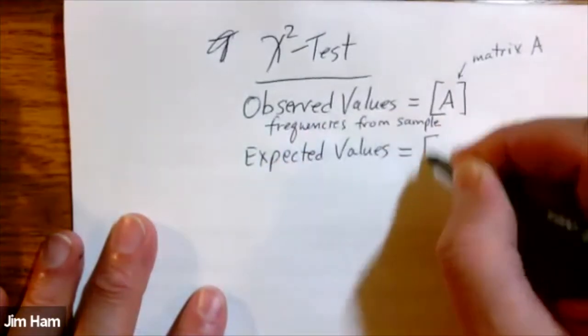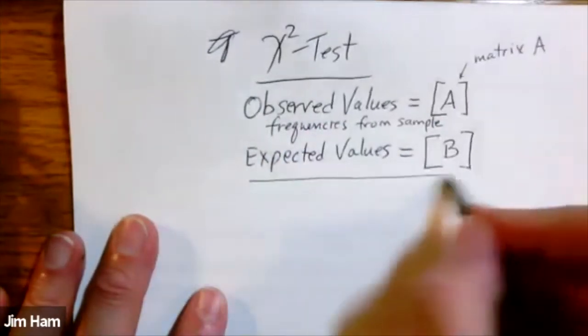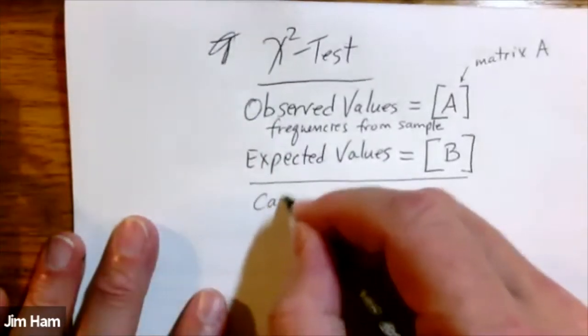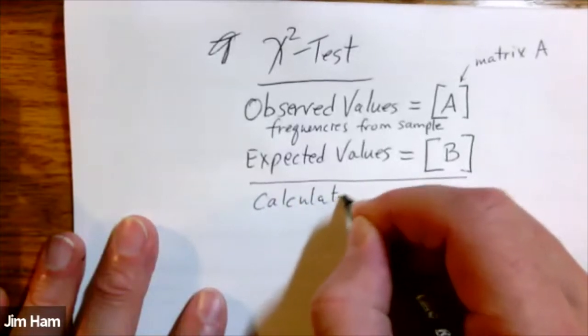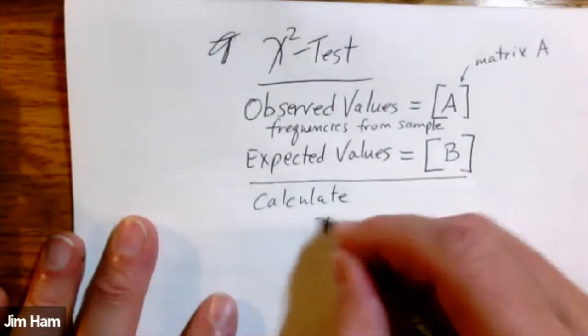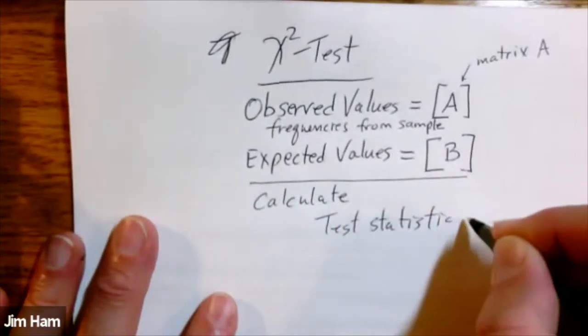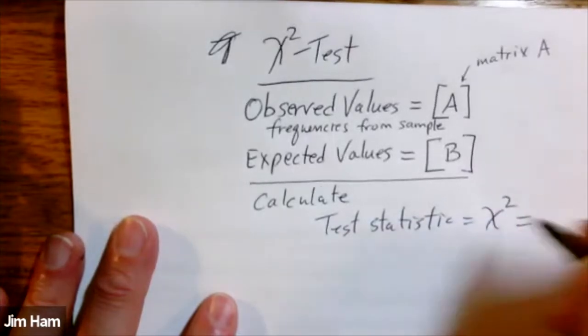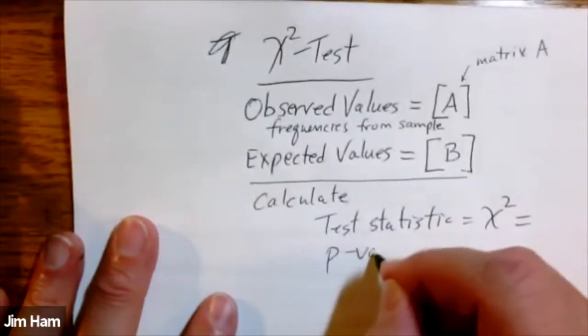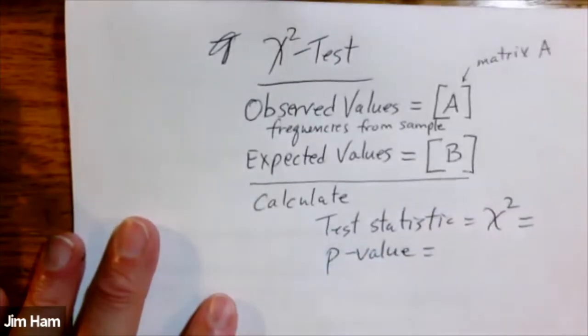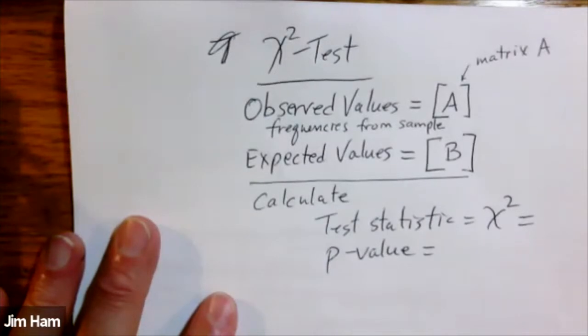And we're going to put those in matrix B. And that's it. Then you're just going to be asked to calculate. And what it calculates is the test statistic, which is chi-square. And it also calculates the p-value. And if we're doing the p-value approach, we're going to be using the same criteria as we've used in the past. And that is if the p-value is less than alpha, 0.10 or 0.05 or whatever it happens to be, then we reject the null hypothesis.